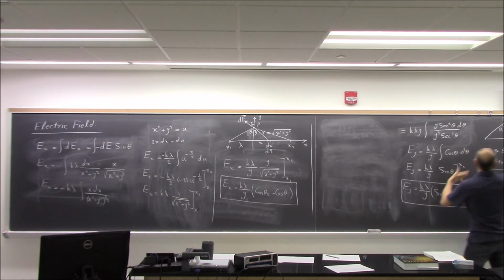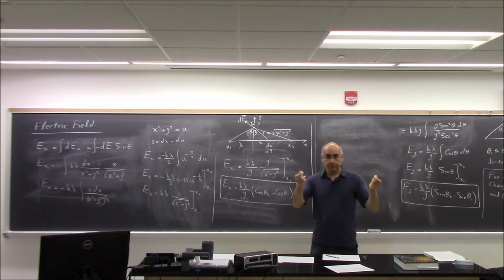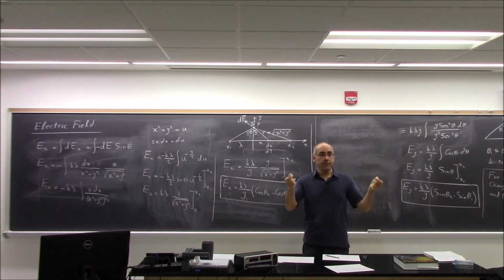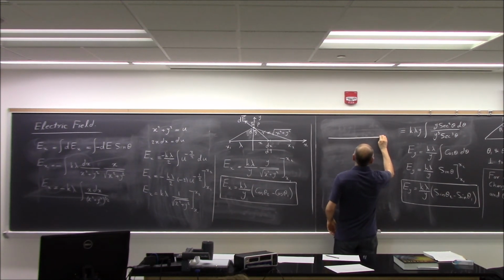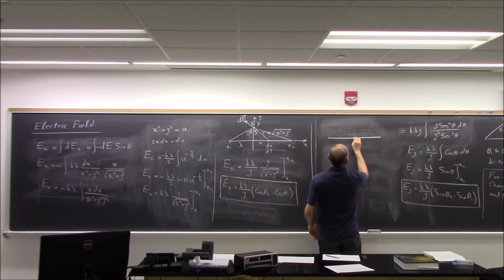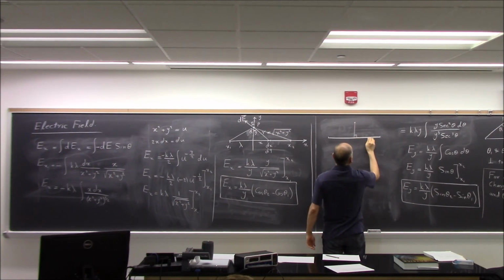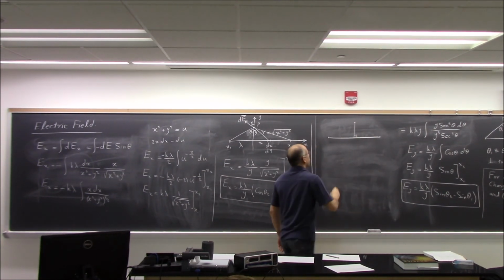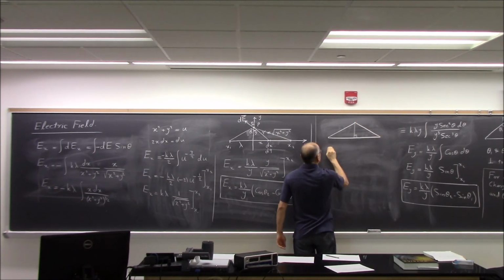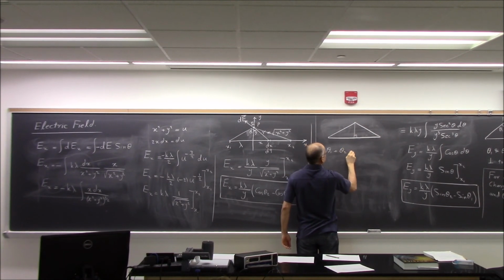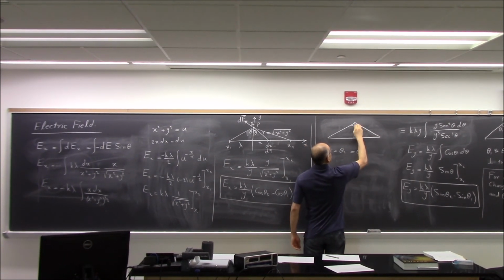For example, if this is symmetrical, meaning you have a limited line of charge and you are at the perpendicular bisector, and this side is the same as that side, then we say theta 1 is equal to theta 2, we call it just theta naught.